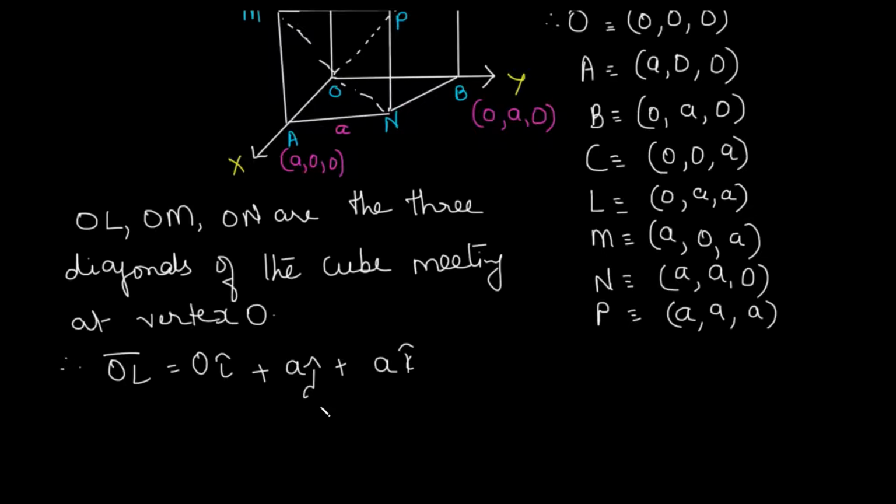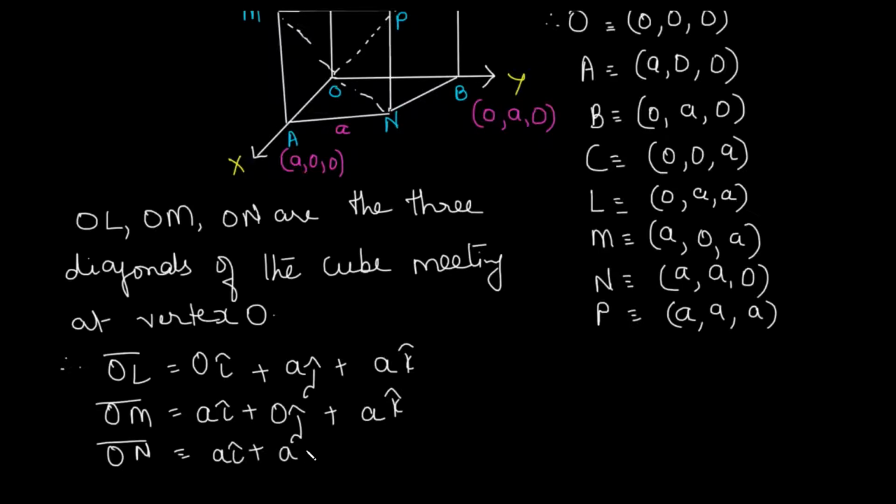Now I hope you are understanding the sum in a better manner. Similarly, OM bar, with respect to M as A, 0, A, becomes Ai plus 0j plus Ak. And similarly, ON, looking at the coordinates of N, we get Ai plus Aj plus 0k.